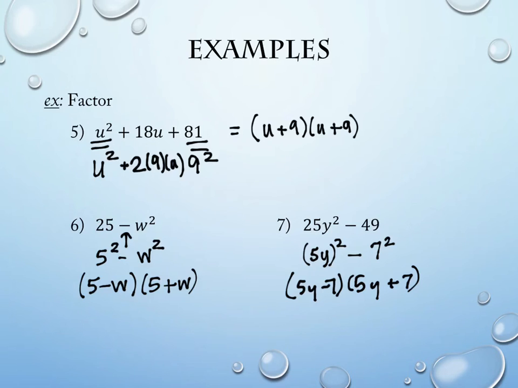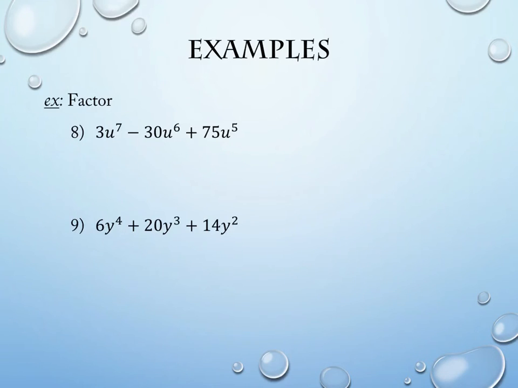All right, 8 and 9 are a little different. You guys ready? Our last two for the day. Oh, they're not as bad as they look, promise. Go back to the very first bit of information in this lesson. We need to find a greatest common factor.